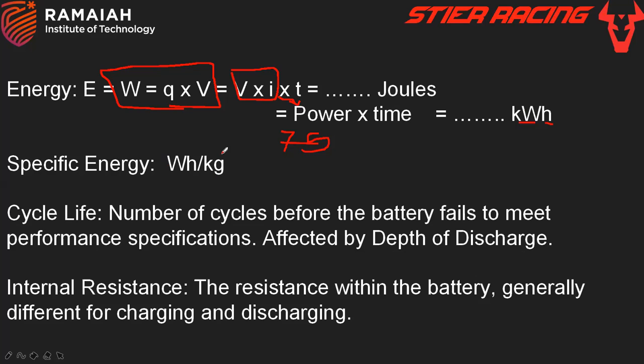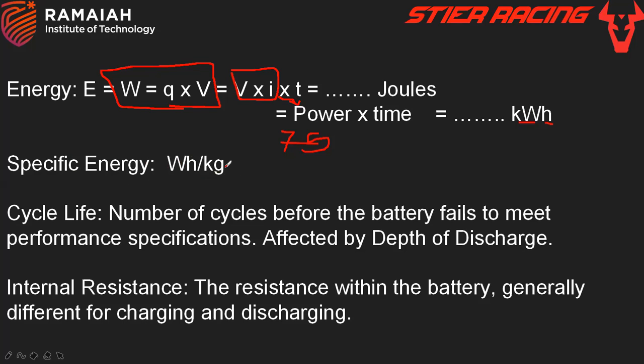Similarly, specific energy: if you divide this energy by the total weight of the battery, that is, per kilogram of battery, how much energy is there? You can call this energy density. So specific energy will tell you how much energy is there in 1 kilogram of that battery.